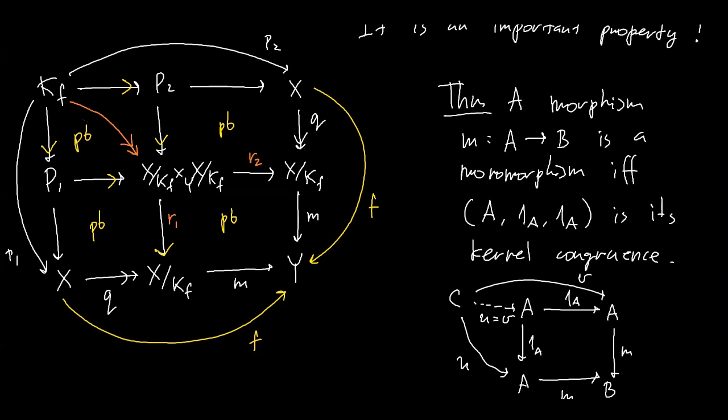What is P1 and P2? Big P1. These are the maps coming from the kernel congruence. No, but the objects. Yeah, they're pullbacks of this and the other one respectively.